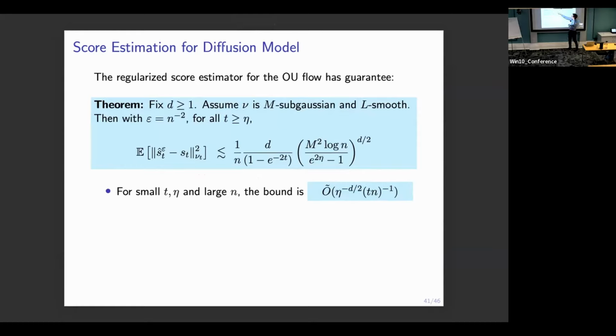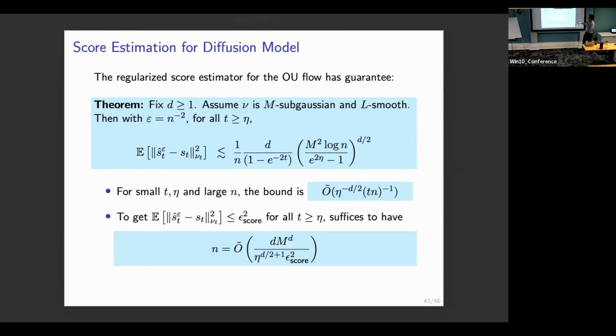For any t which is bigger than, say, eta, this expected loss scales as something that goes like this. Basically, for small t and eta, this error scales like 1 over t times n from here, and then there is this 1 over eta to the d over 2 from here for small eta.